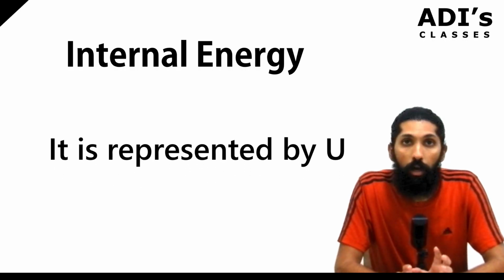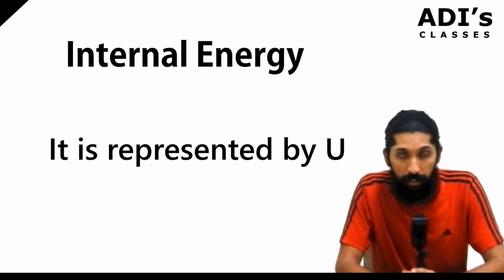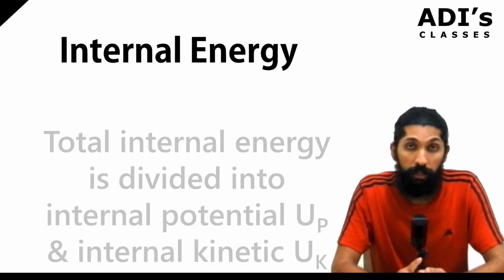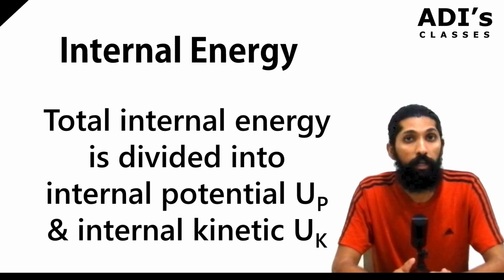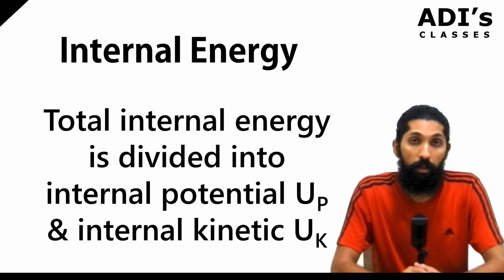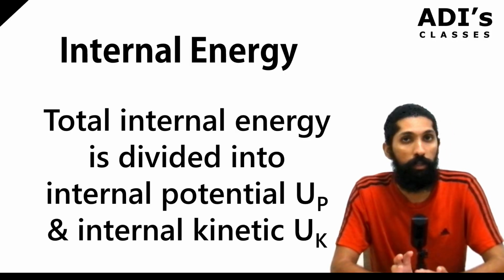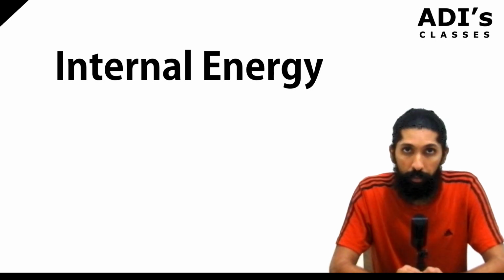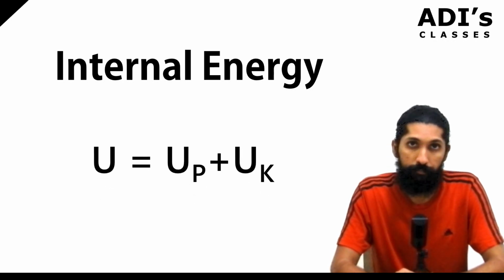Now, whenever we talk about this internal energy, two types are there: the internal potential energy and internal kinetic energy. Internal potential is UP, kinetic is UK. So the total internal energy, U, is equal to UP plus UK.